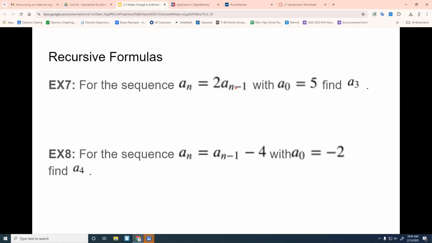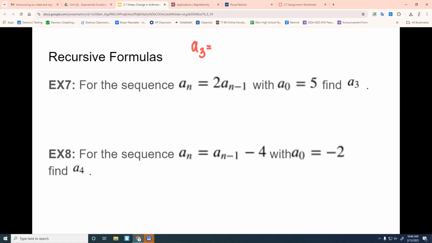If you are given a recursive formula, you are plugging the number in, but you're not going to be able to start with the number that you're looking for. So I want a sub 3. Let me just show you what it looks like if I plug in 3 for my n.